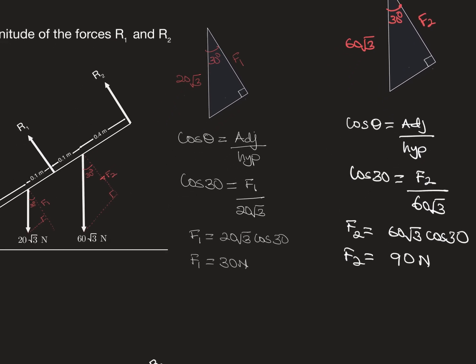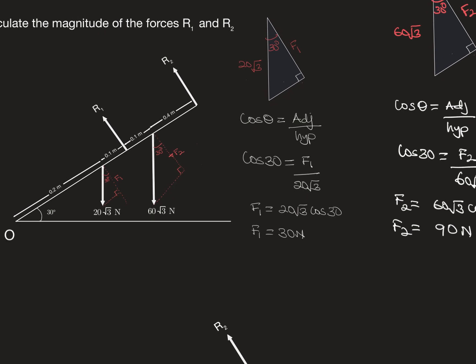So we already know the value of F1, which is 30 newtons, and the value of F2. These are the forces that are perpendicular to their respective distances.